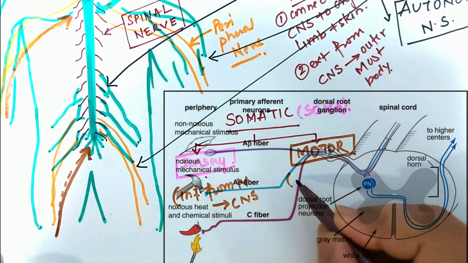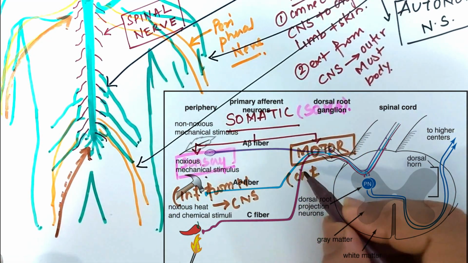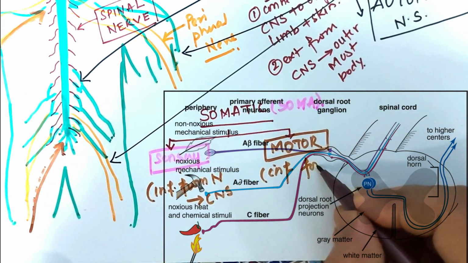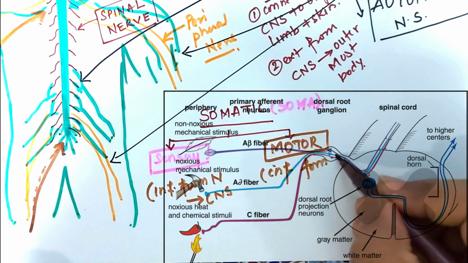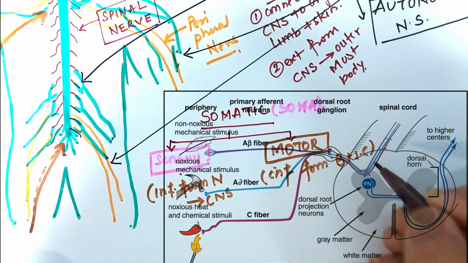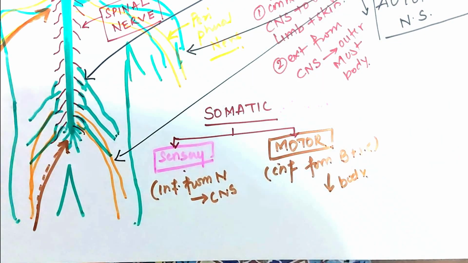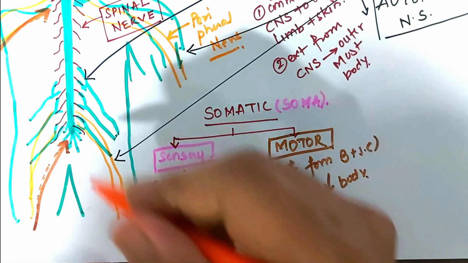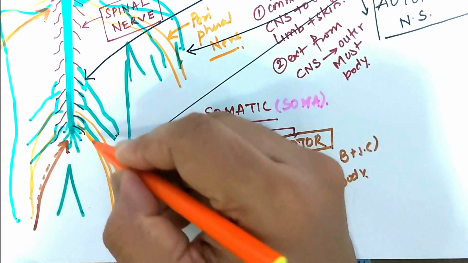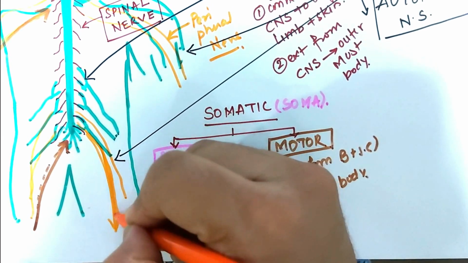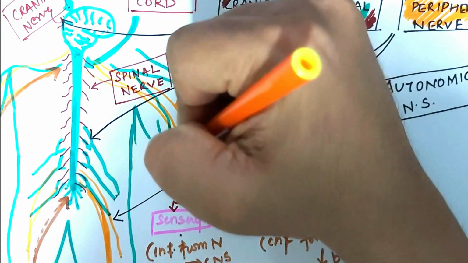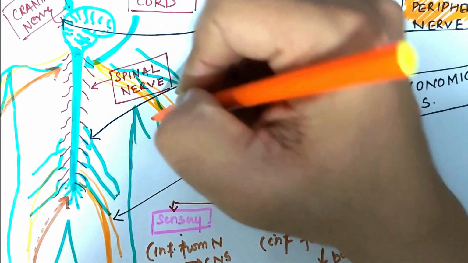Okay, and motor you can call the efferent nerves, which carry the information downward. That is from the central nervous system to the peripheral body part. As simple. So somatic are classified into two: sensory and motor. Sensory takes sensation towards the brain.